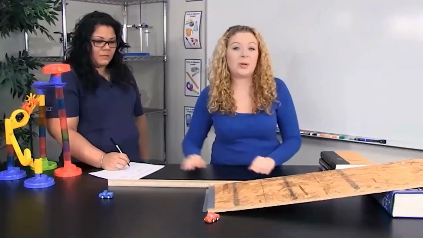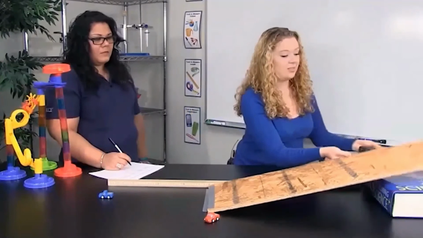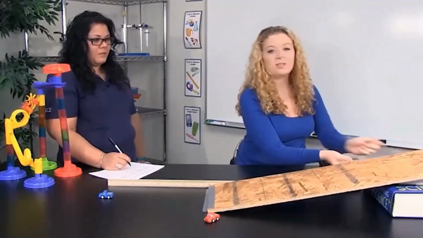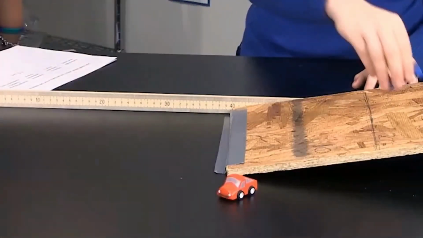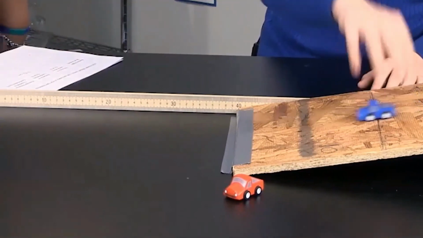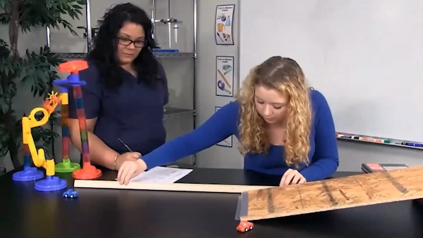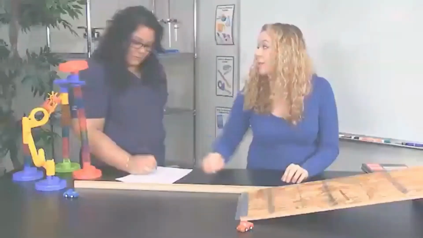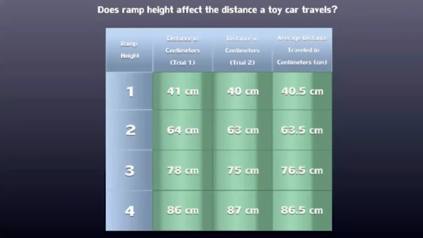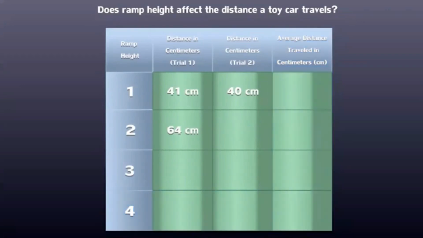Now let's add a book to increase our height. 64 centimeters. Here are the rest of the results from our experiment. I already know that gravity pulls the car down the ramp, and from our results, it looks like the taller ramp makes the car travel further. I think this might be helpful for our marble roller coaster.